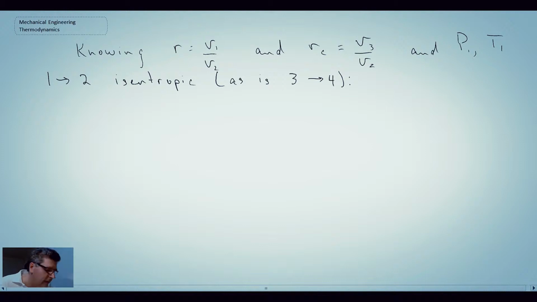And the place where we can take advantage of that is we can use the relative pressure and relative specific volume in the tables in the back of the book. And so if we know T1, we can get the relative specific volume at that point, as well as the relative pressure. And from that, we can use these relationships.